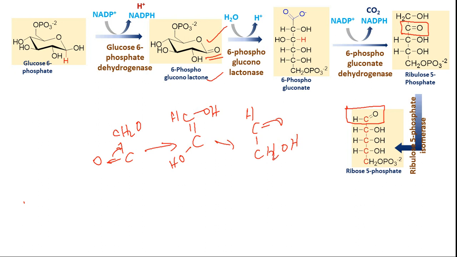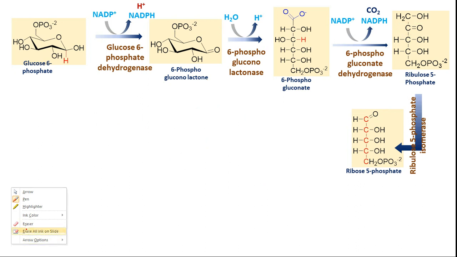So this is a simple mechanism via which alpha hydroxy ketones can be converted to alpha hydroxy aldehydes. So this is the way how the reactions are possible, where ribulose 5-phosphate is converted to ribose 5-phosphate with the help of ribulose 5-phosphate isomerase.